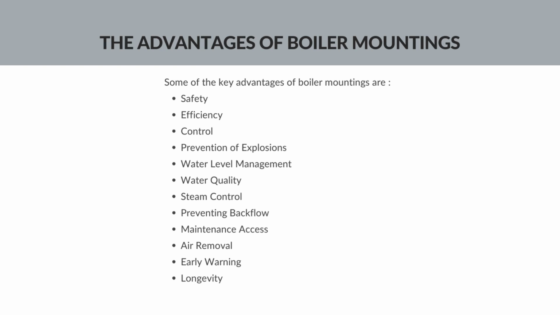Manhole and handhole covers provide easy access for inspection, maintenance and cleaning, allowing for timely upkeep and repair. 11th is air removal. Air vents help eliminate trapped air from the boiler, enhancing heat transfer efficiency and preventing air pockets that can hinder performance.